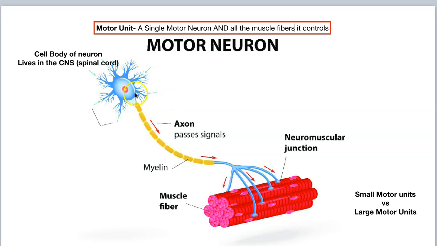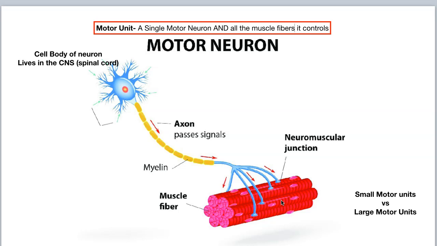So when they are sending down their electrical impulse, they are only going to be moving 2 or 3 muscle fibers. Now, why would we have such small motor units? If you are doing something real delicate, like you are threading a thread through a needle, you don't want to be firing off hundreds of muscle fibers.